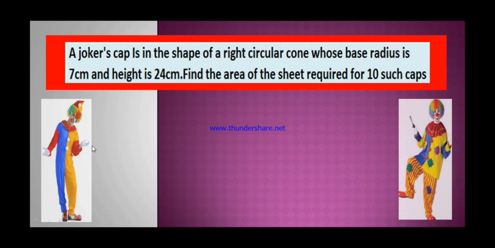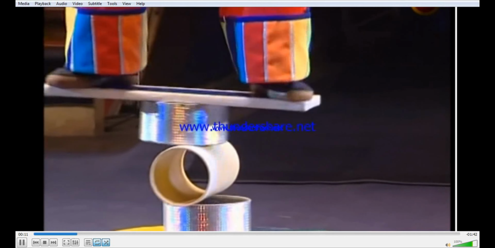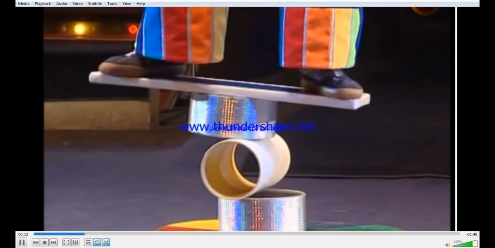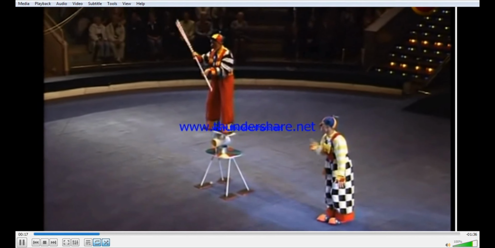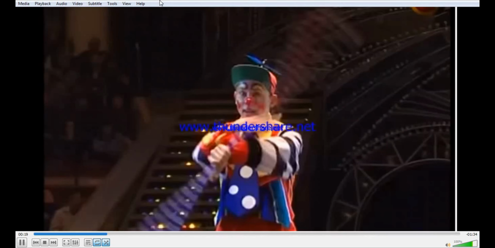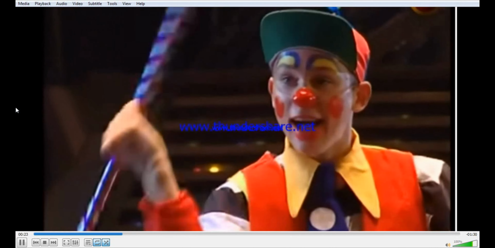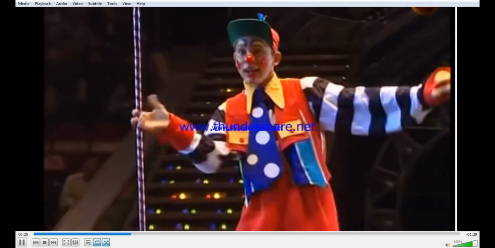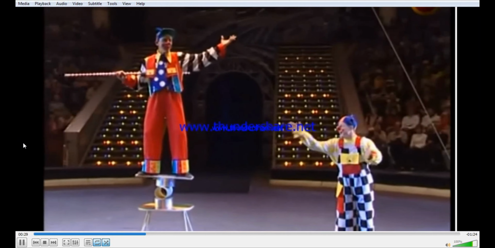Here, these two persons are called jokers, and you can observe them in a circus. They used to make fun, and they do so many funny things, and they wear some type of dress having a conical shaped cap.